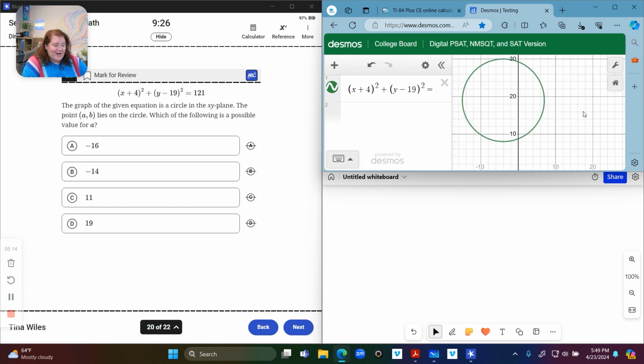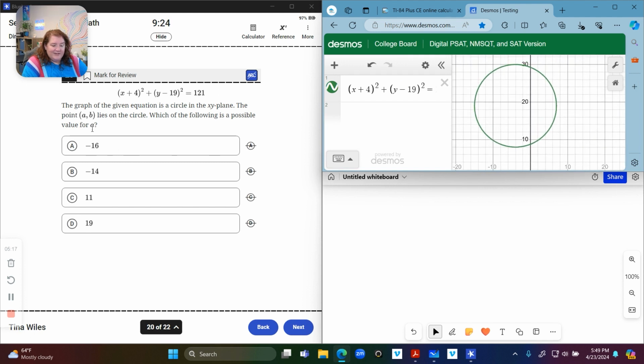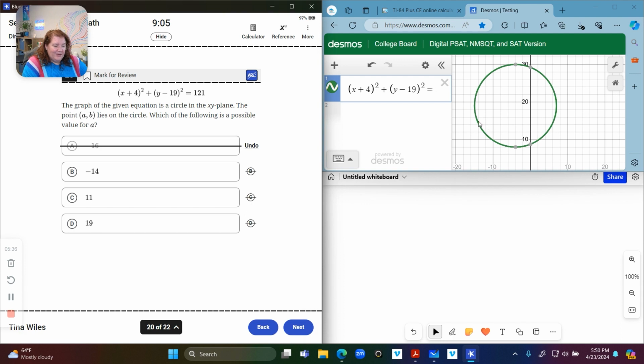All right, so now they want to know which of these a's could be a possible x value. So if I look here, -15 is the furthest I could go to the left, right? So -16 would not be a possible value.